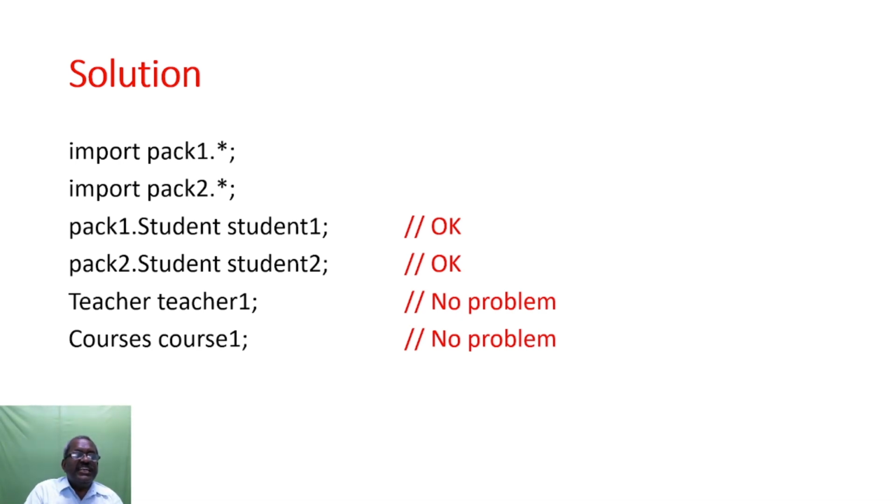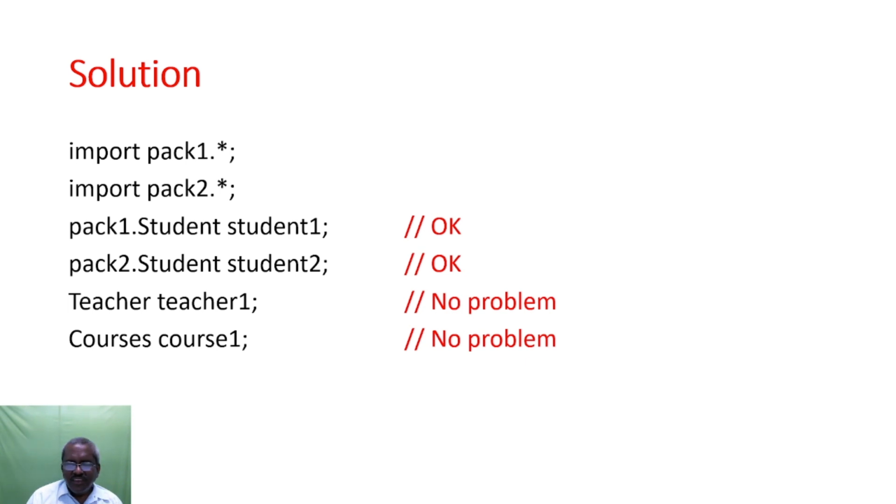So this will clearly differentiate. Student 1 is for package 1, student 2 is for package 2. But here you are creating a teacher 1 and a course 1.